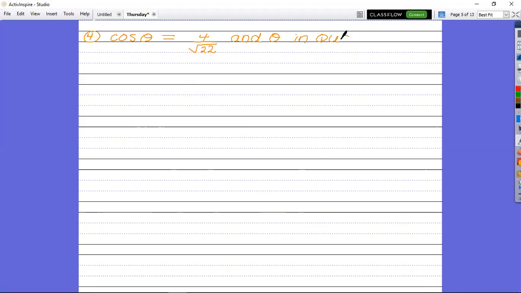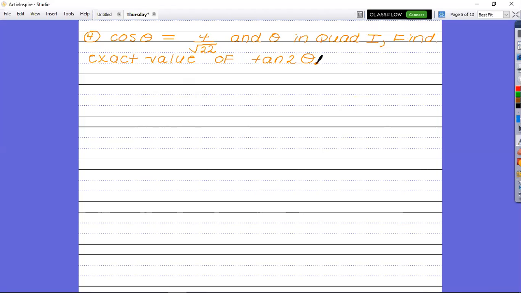And theta is in quadrant 1. Find, and these are always exact value, but I'll just write that again just so you know, the exact value of tan of 2 theta.